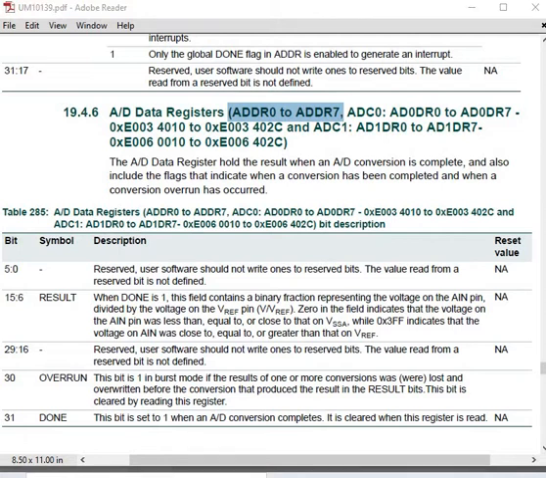Overrun is bit number 30. This bit is equal to 1 if the results of one or more conversions were lost when we are in burst mode.